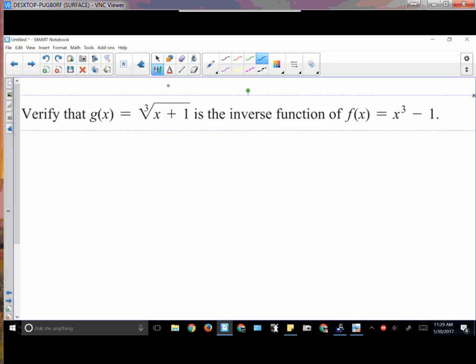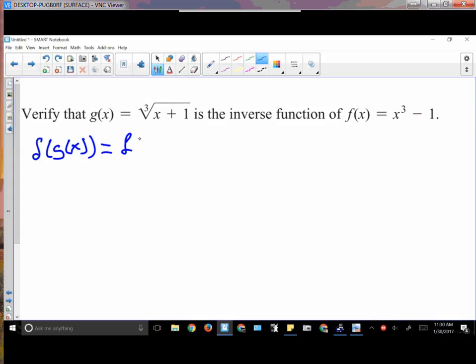So this is my, oh, that is my g of x. So I am going to do f of g of x. So that one is going to be f of third root of x plus 1. Okay? So far, so good, yes?